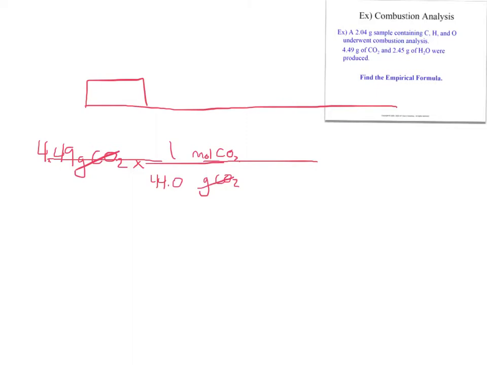Now we want to figure out how many carbons there were in the compound. So if we have 1 mole of CO2, 1 mole of CO2 has 1 carbon and 2 oxygens. So that means from 1 mole of carbon dioxide, we would have 1 mole of carbon.